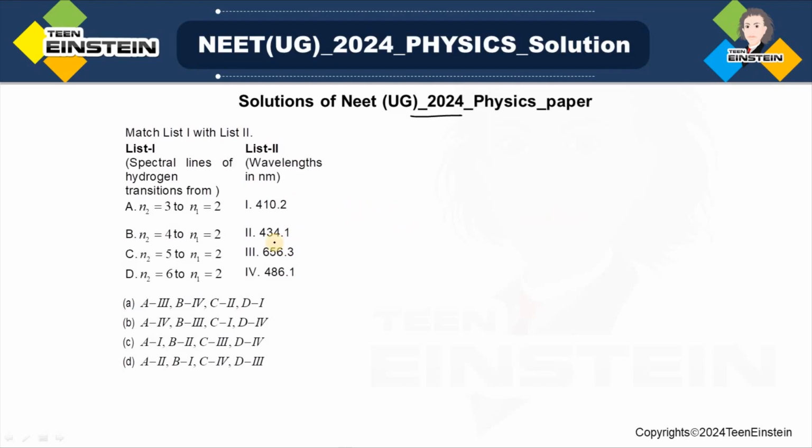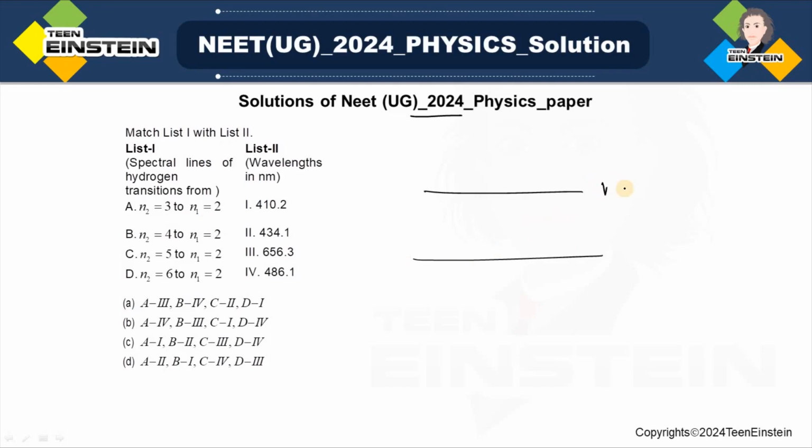See, for solving this question, you should not be thinking that I should know the numbers for each corresponding transition, but just from the conceptual understanding we can find out the wavelength corresponding to each transition.